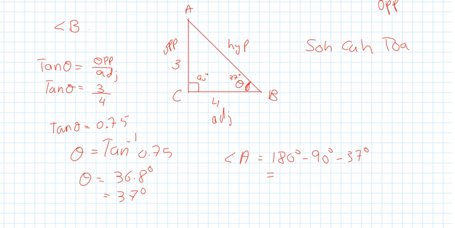Is that 53? Yeah? Now, can I maybe use it this way and make this opposite, make this adjacent and use tan? Yes, you can. Is it getting you the same answer? Yes, it will.